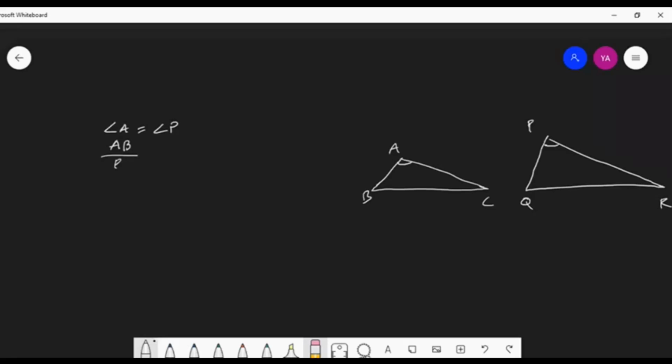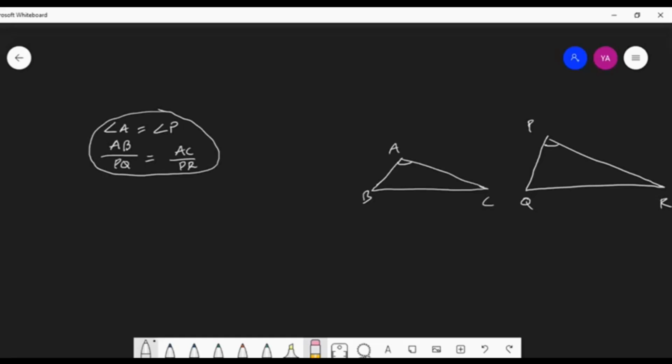That is, AB by PQ is equal to AC by PR. So these two conditions are given. Angle A is equal to angle P, and the sides including angle A and angle P are in the same ratio. We want to prove that they are similar.